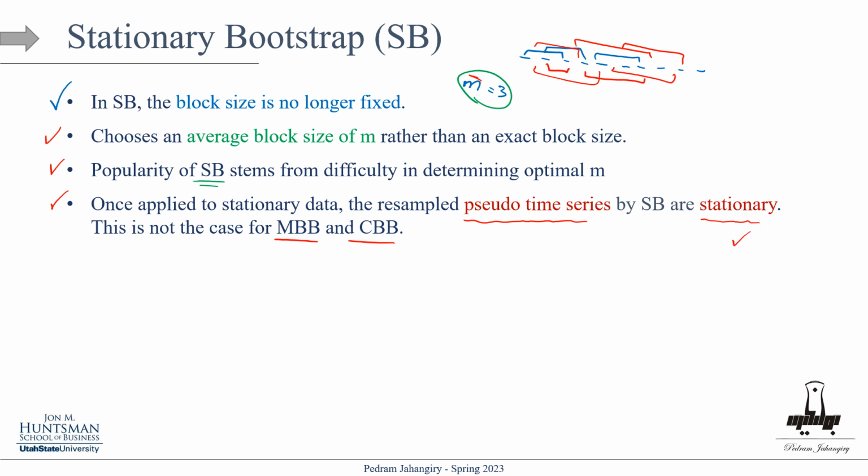It can be any number, right? And by the way, the last property that we talked about, that when a stationary bootstrap is applied to a stationary data set, the synthetic data is going to be stationary, can be mathematically proved. Actually, there's a paper that covers this. If you're interested, you can look up the proof in the paper.